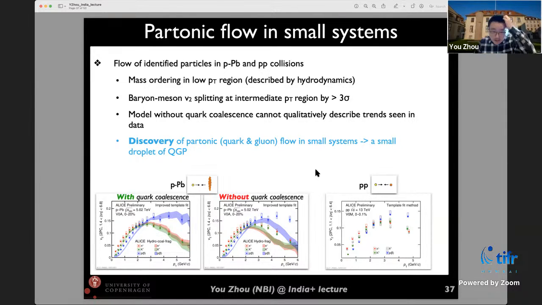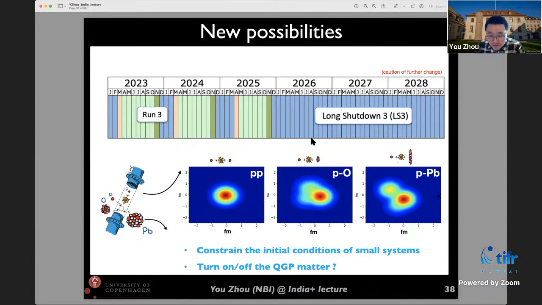And I want to highlight that there are also new possibilities. If you think about the LHC running program, I'm not sure if this is final, so caution of any further change, but we are going to take not only proton-proton data, but also proton-oxygen and proton-lead. This is really unique because if you think about the system size, and look at a simple initial state calculation, the geometry is not really the same. It's not completely decided by the proton, but also depends on the target, the other side of the collision.